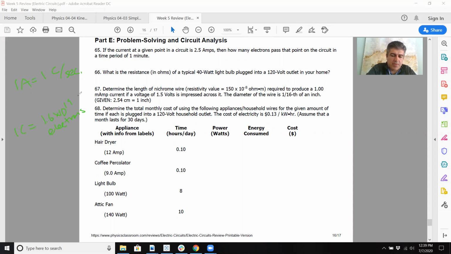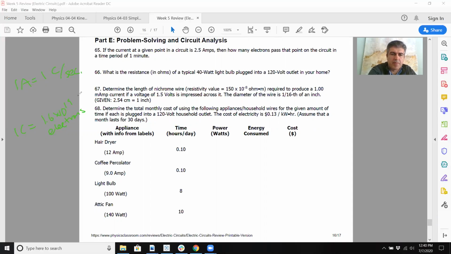Let's see here. 1 coulomb. Actually, it's 10 to the negative, so that's a single electron's charge.